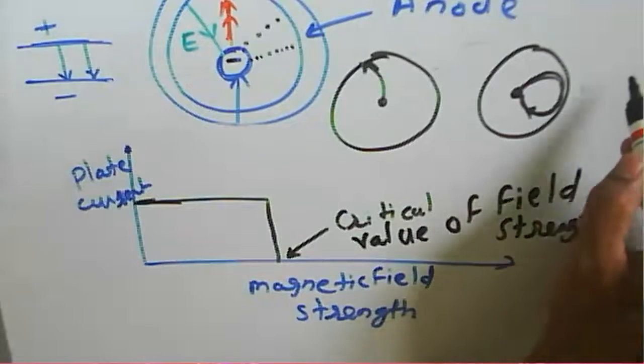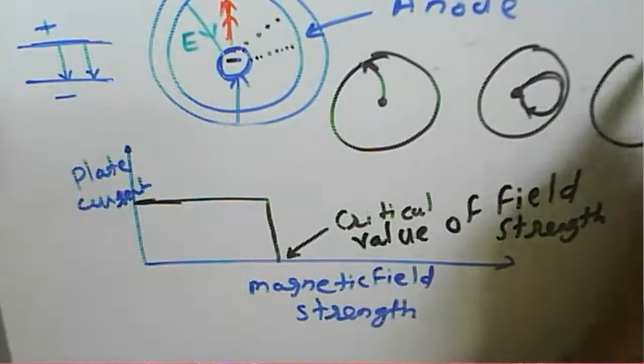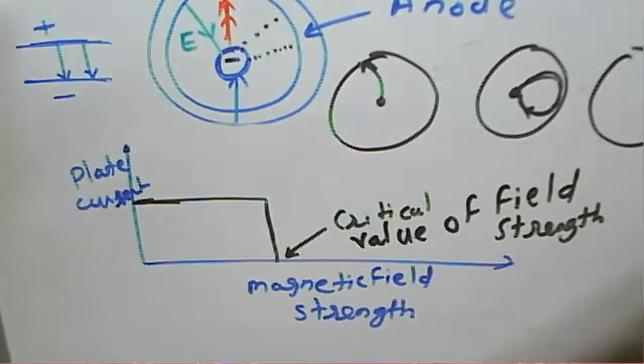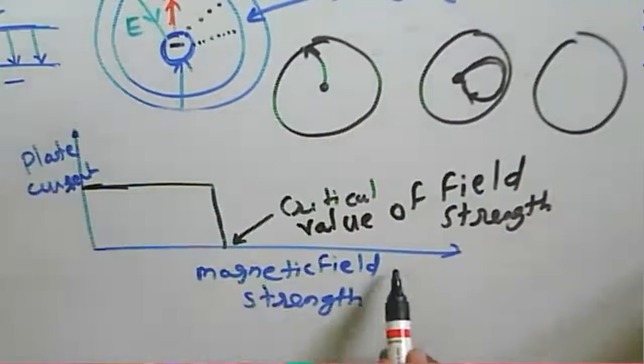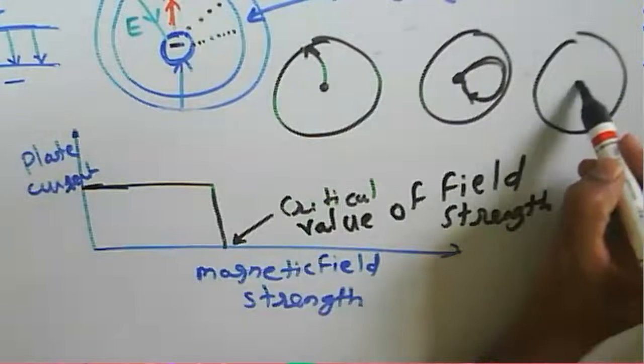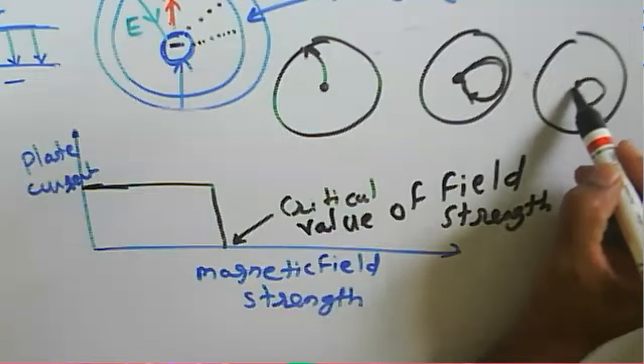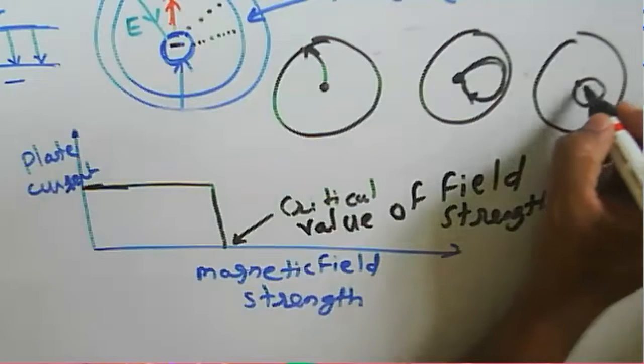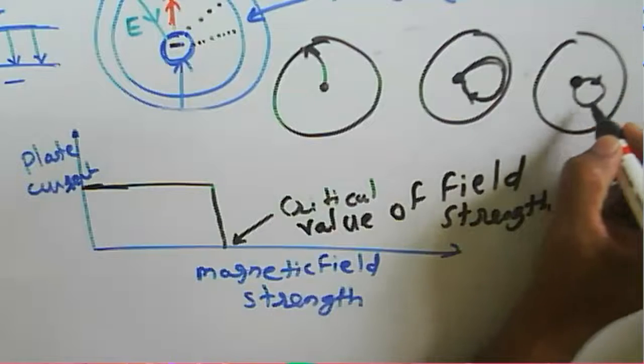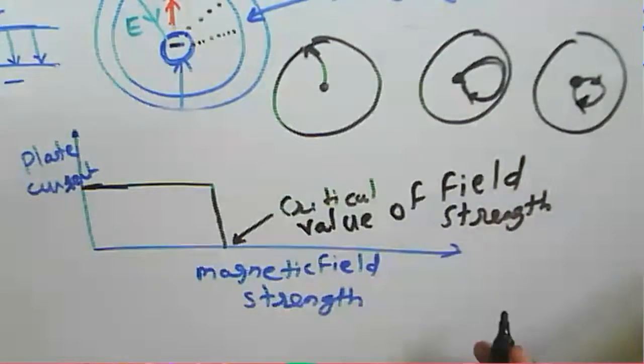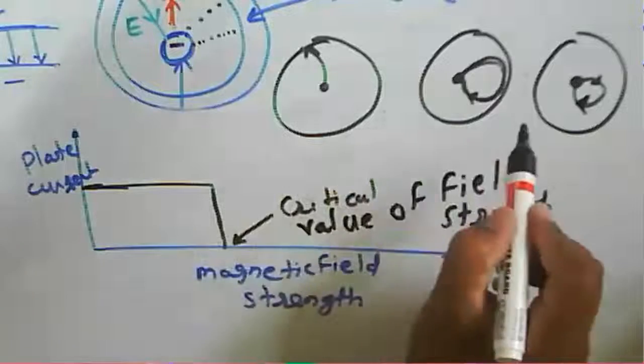Even if we increase this magnetic field strength further, then what happens here? The electron will move from the cathode and reach toward the anode as early as possible, so it will reach early.